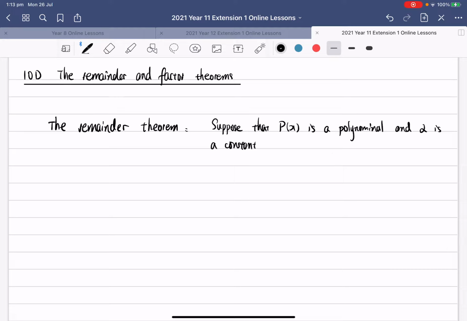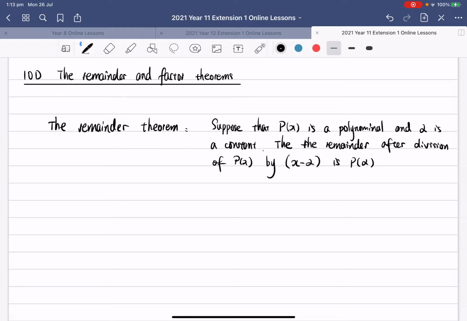Then the remainder after division of p of x by x minus alpha, if we divide by this factor here, is actually equal to p of alpha.